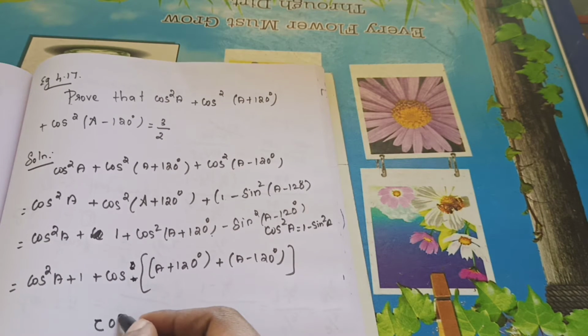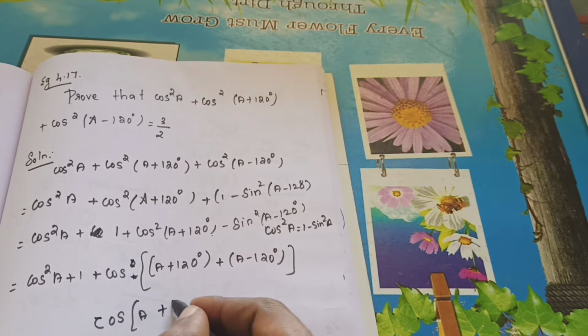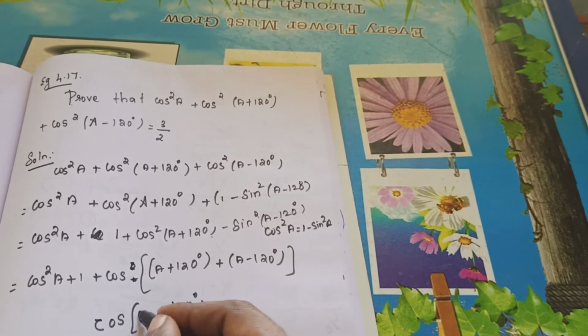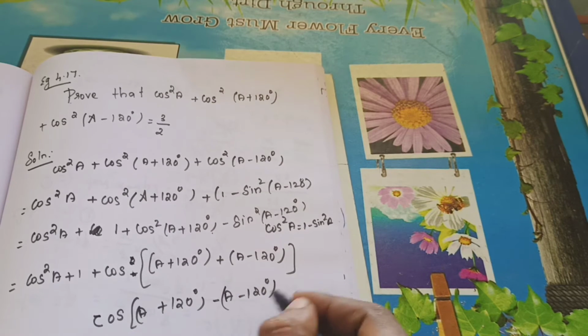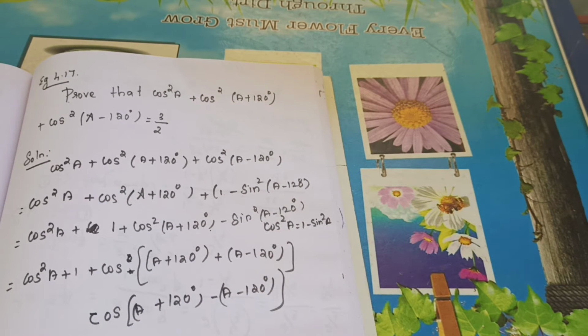So cos (A plus 120 degree) minus (A minus 120 degree). We are using that from the 14th formula.